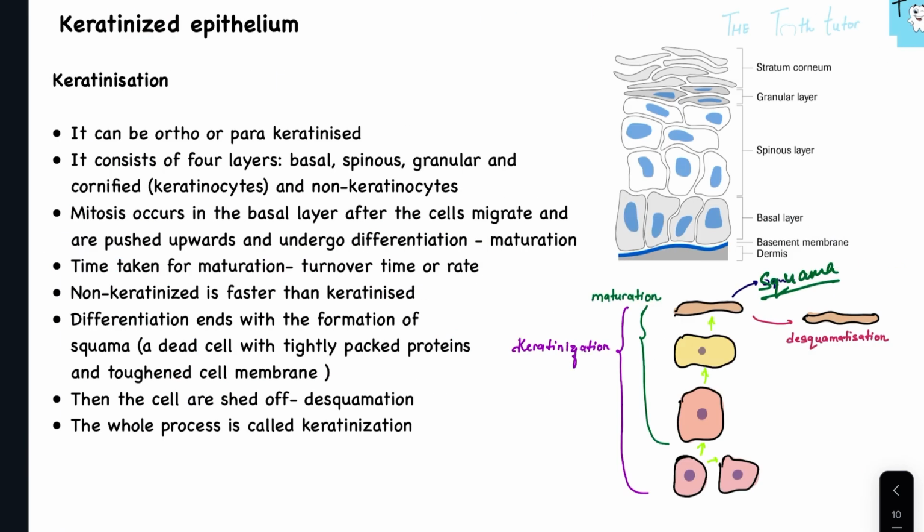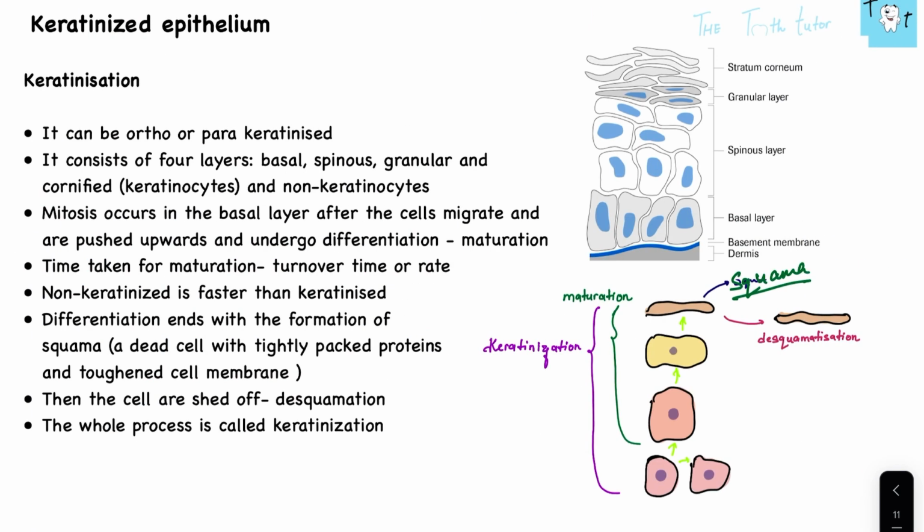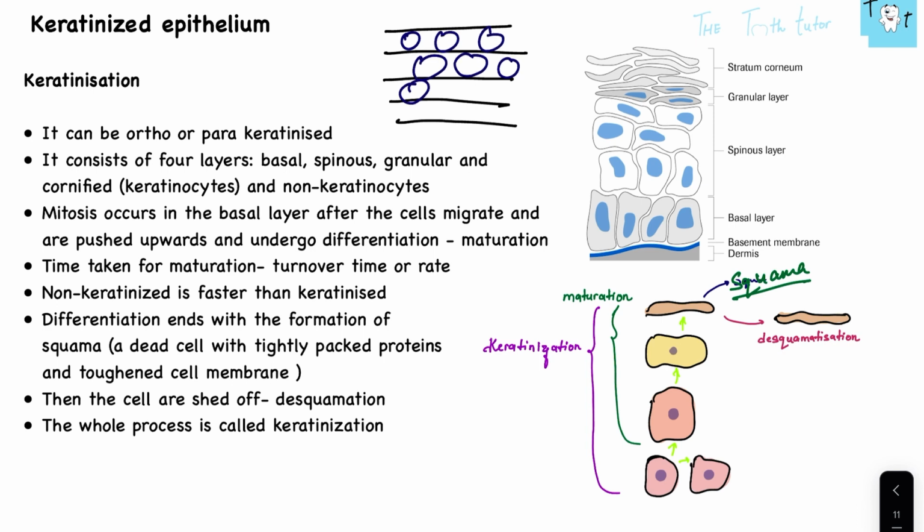Okay. So looking at the keratinized epithelium, I'll tell you the basic construct. It has four layers, okay? One, two, three, four layers. These layers consist of keratinocytes, and other than these cells, it also has non-keratinocytes which lie all over the epithelium.